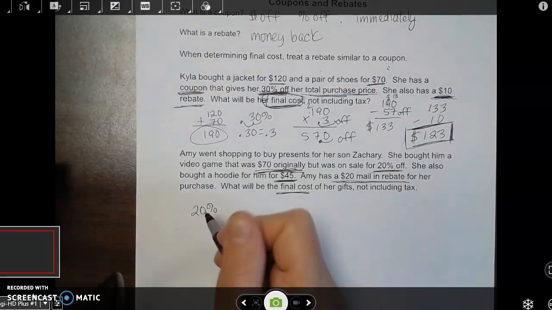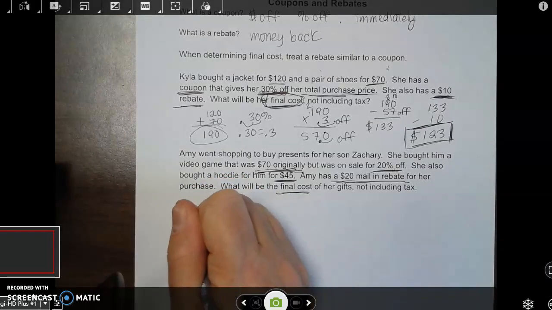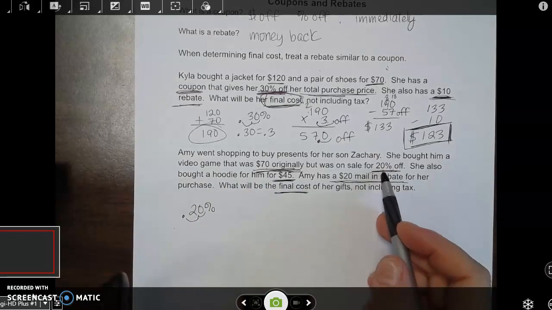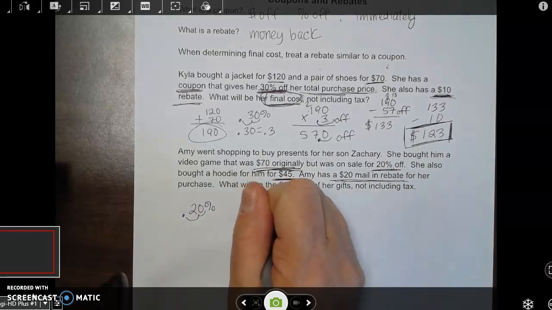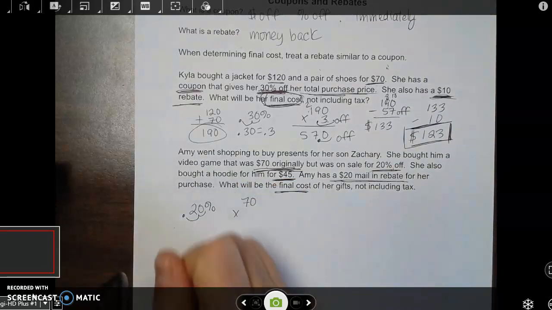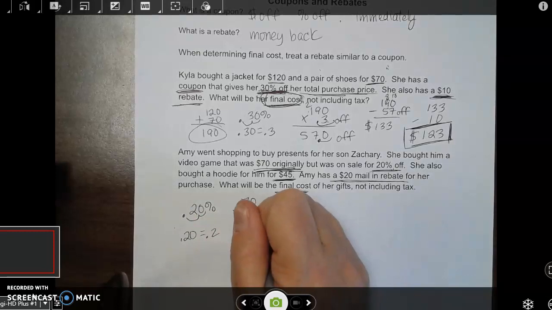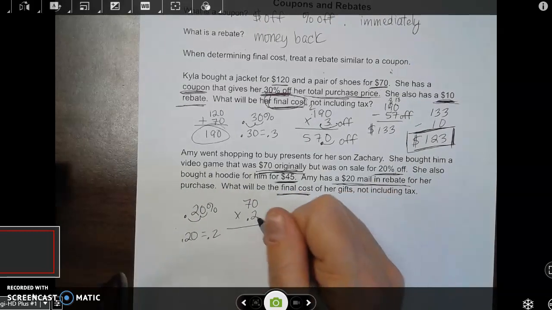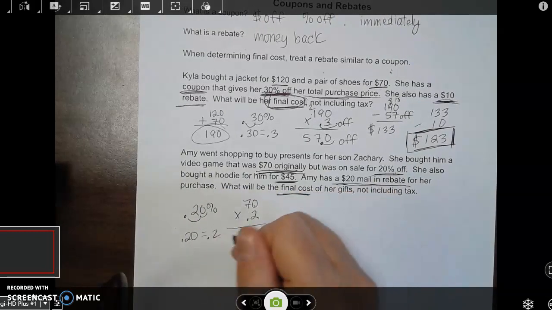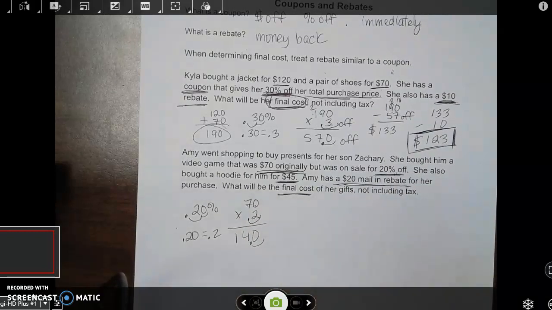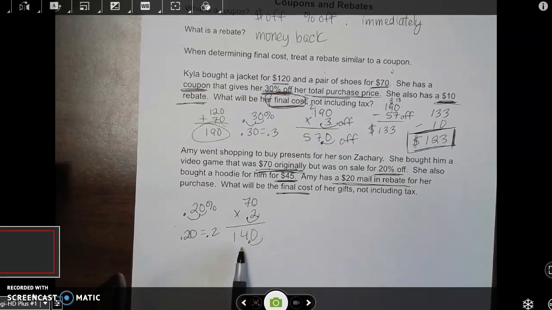Hopefully you know we change the percent to a decimal and we multiply. So 70 times either 0.20 or 0.2, and y'all know I like to use 0.2. 0, 14, move it one time. And so remember, my question would be, what does this number represent?